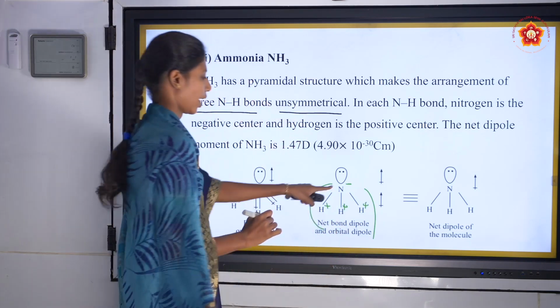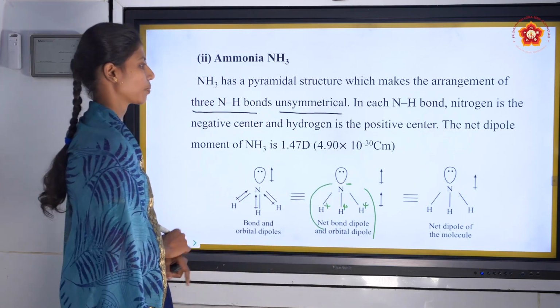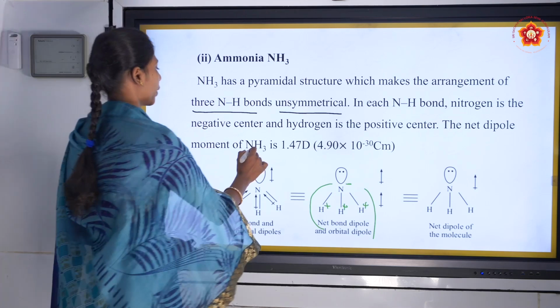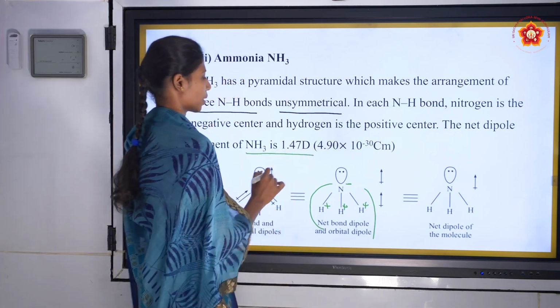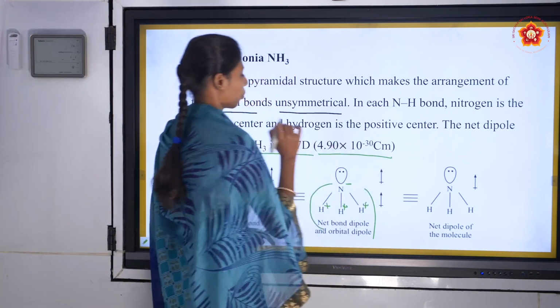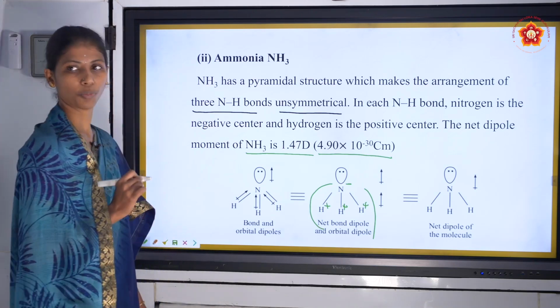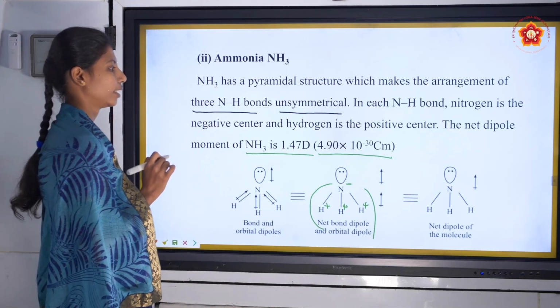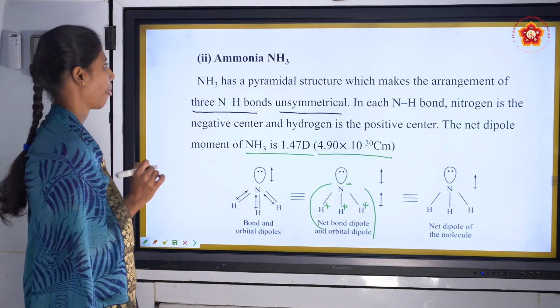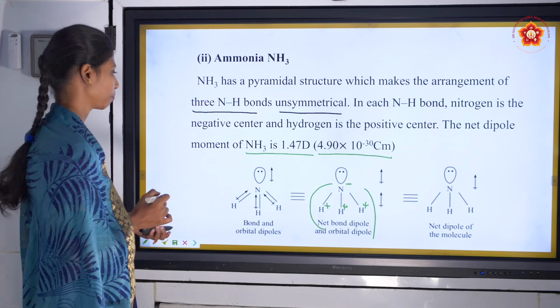The net dipole moment of ammonia is 1.47 D or 4.90 times 10 to the power of minus 30 coulomb meter. This is known as the ammonia structure.